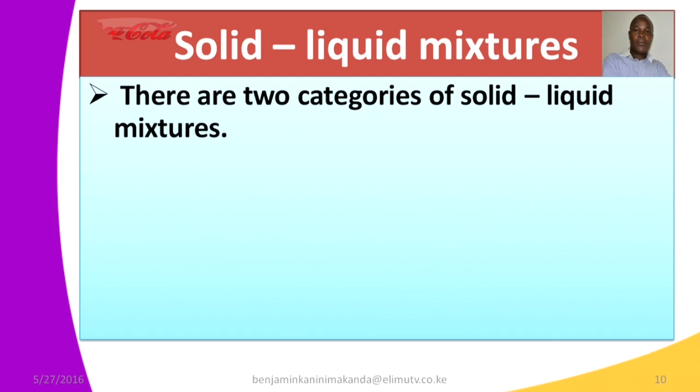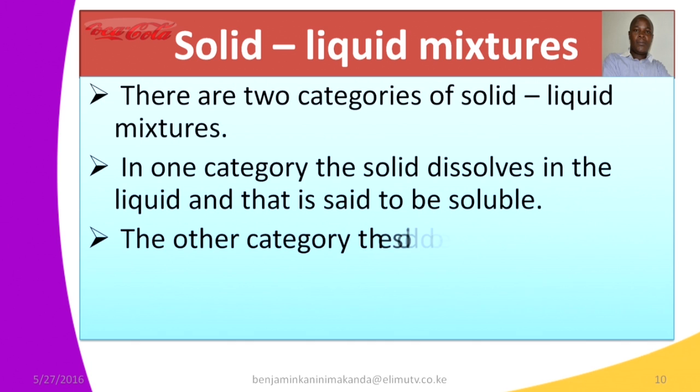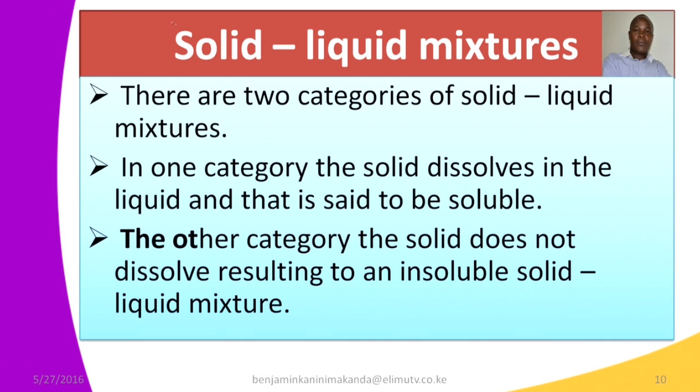Then that one is a solid that dissolves in a liquid, and we get a liquid mixture. So in one category, the solid dissolves in the liquid, and that is said to be soluble. The other category, the solid does not dissolve, resulting in an insoluble solid-liquid mixture.